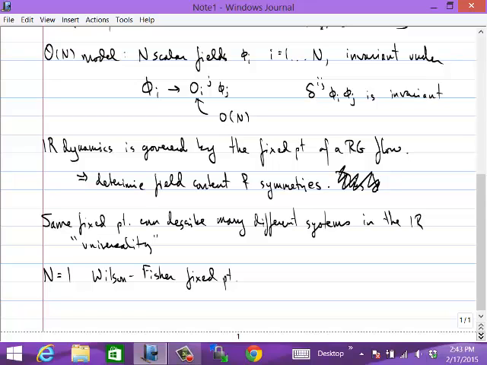Okay. So, for example, if you have a liquid and a gas transition, then at the critical point, right near the phase transition, you have essentially a scalar field. The field that determines whether you're in the liquid phase or the gas phase, you could view that as a field, as you could study its properties. Or, for example, if you have what's known as a binary fluid, which is a similar system where you have 2 different fluids, and then you have a field that labels which fluid you're in.